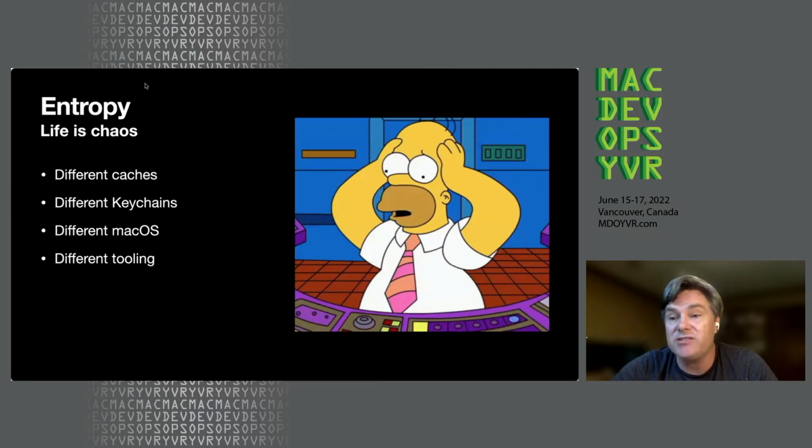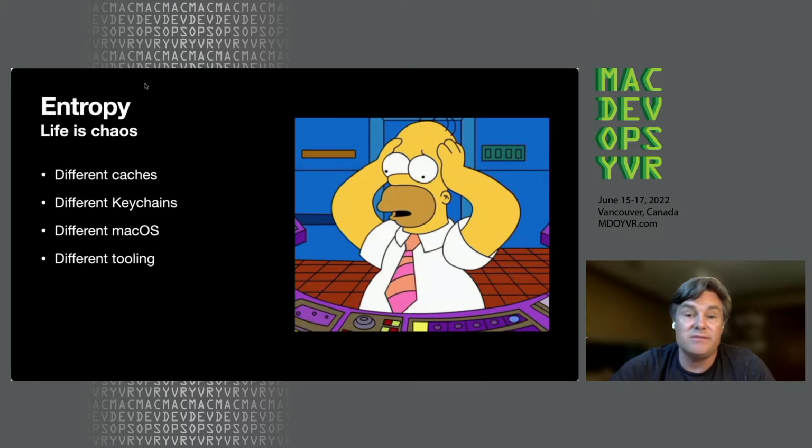There's different caches, and that can cause a huge amount of issues when it comes to Xcode, automatic code signing, whether it's got certificates or profiles or other things on there that it needs, different keychains, different versions of Mac OS, different tooling installed. Plenty of times somebody forgets they had something installed to help them with development, that when they try to run their test product somewhere else, it doesn't work because all the things that are installed aren't there.